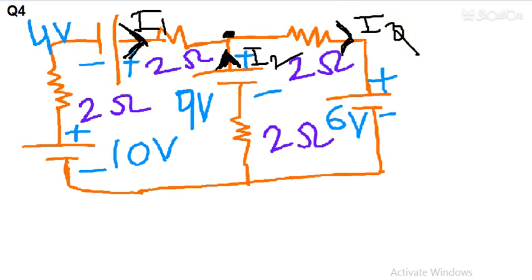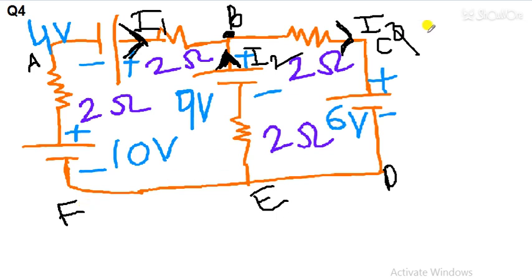Now I have to mark some points: it is point A, point B, point C, point D, E, and F. Students, I hope the direction of current, the battery voltages, and the resistances are all clear. Now we are going to start this question's solution.